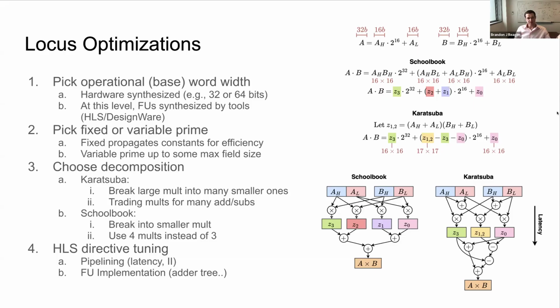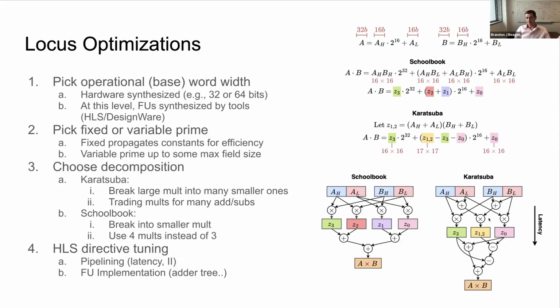And there's a couple different ways to do it. You can do it with Karatsuba, which is shown here. Many of you may have heard of this before, or you can do it the naive schoolbook way. So if you just read the textbook on Karatsuba and schoolbook decomposition, you would say, okay, well, I'm always going to do Karatsuba because Karatsuba trades additional additions and multiplications to save a multiply.